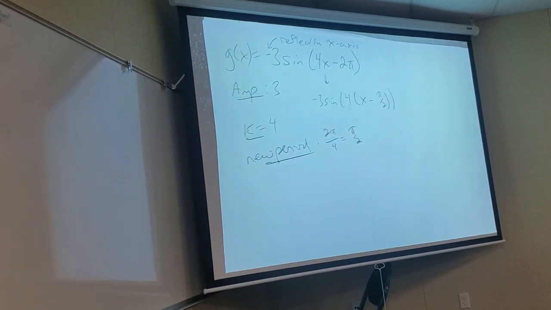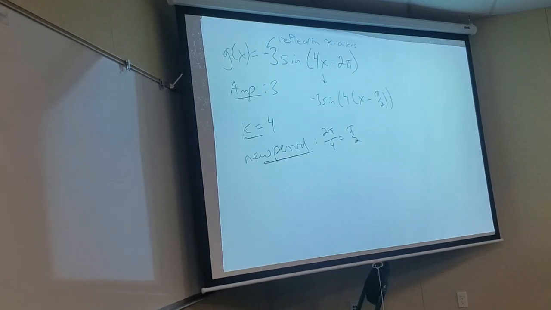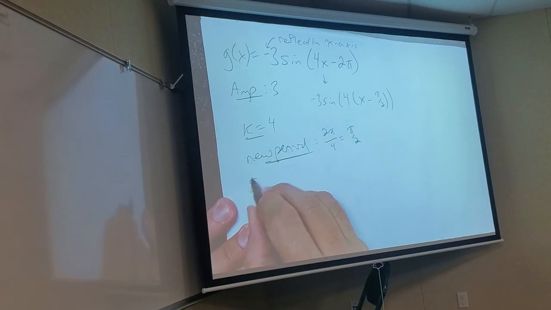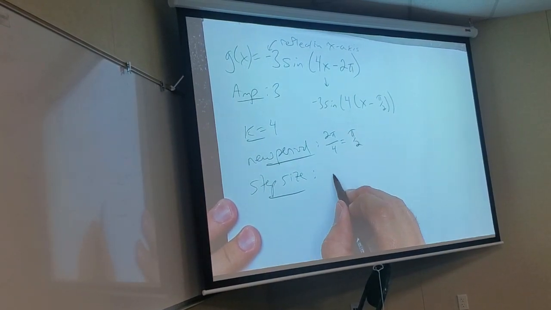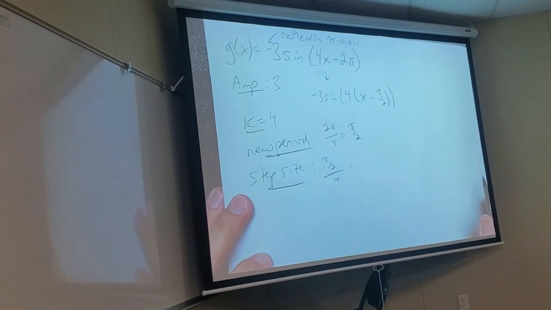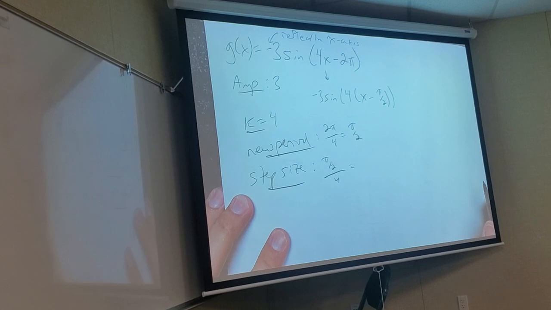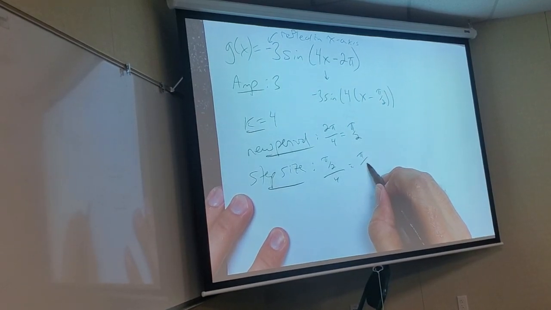It's going to be 1/4 as much. You're going to smush it. So what's the step size now? Pi over 2 divided by 4. Pi is being divided by 2 and by 4, so pi is being divided by 8.